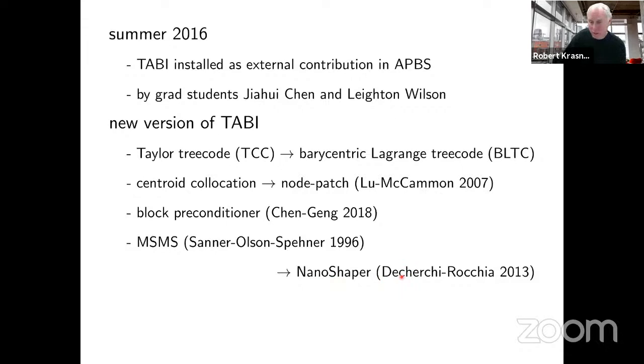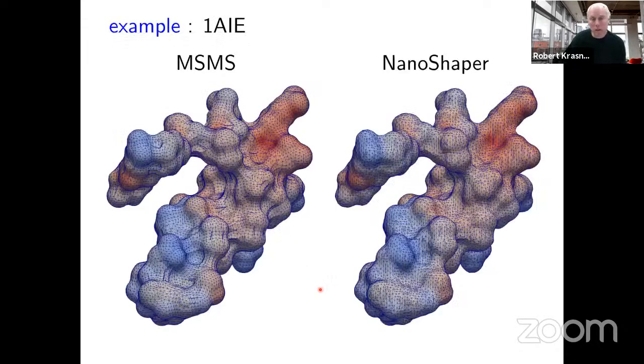And so I'm going to tell you a little bit about a comparison we did between MSMS and NanoShaper. The quality of the triangulation is, of course, very important in a boundary element method. In fact, I think in any of these codes. Here's an example. We pick another protein from a test set.